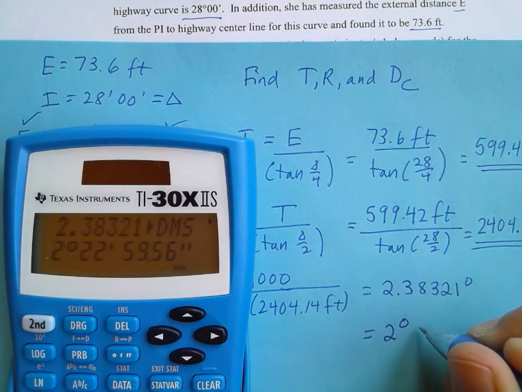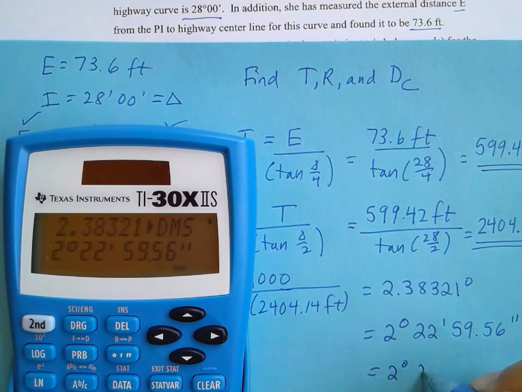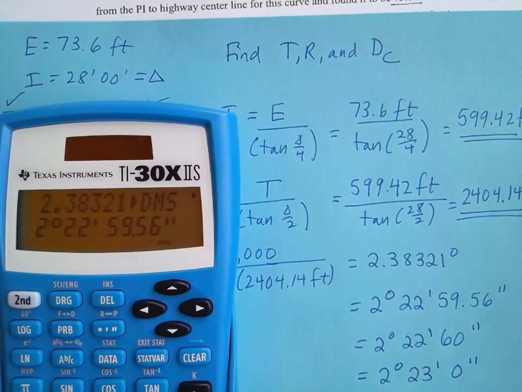So I have 2 degrees, 22 minutes, 59.56 seconds, but I want whole seconds, so that's going to have to round up. So 2 degrees, 22 minutes, 60 seconds. But again, 60 seconds is the same as a minute, so we'll go up 1 in the minute category. 2 degrees, 23 minutes, 0 seconds, or we can just call that 2 degrees and 23 minutes.